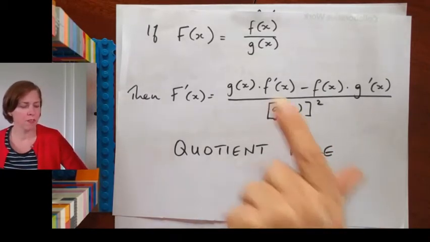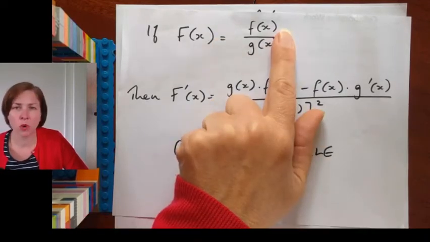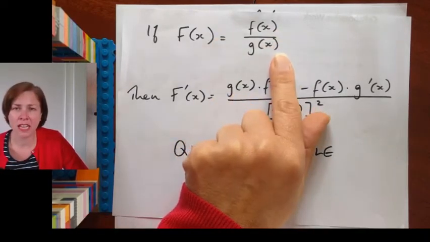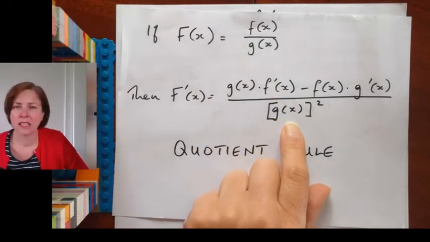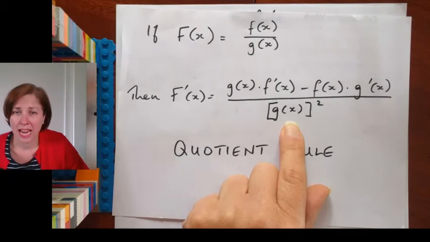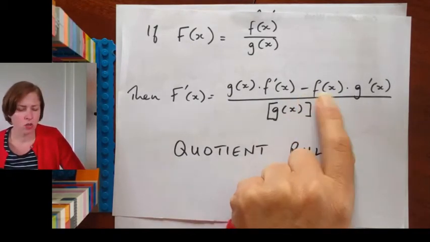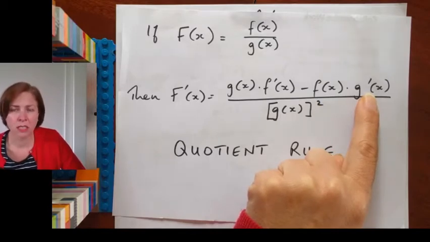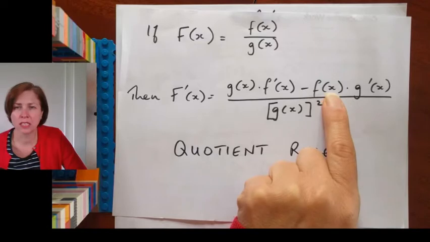So let's look at it. If I start with capital F of x equals small f of x over g of x, then what I end up with is that g of x ends up on the denominator squared, and the denominator is the one whose derivative is subtracted. The numerator is the one whose original function is subtracted.